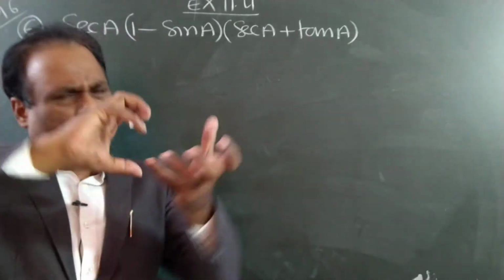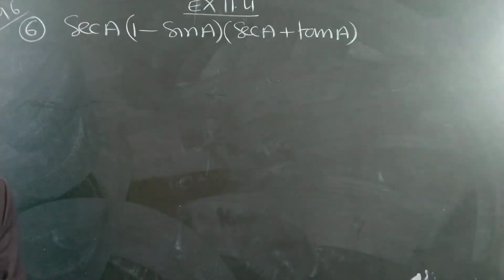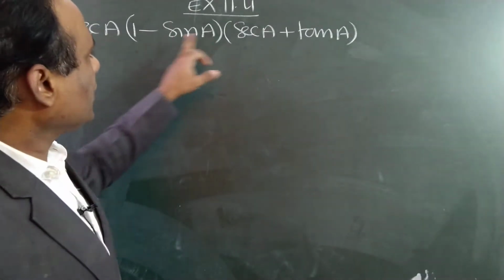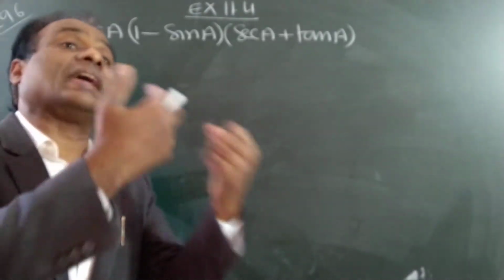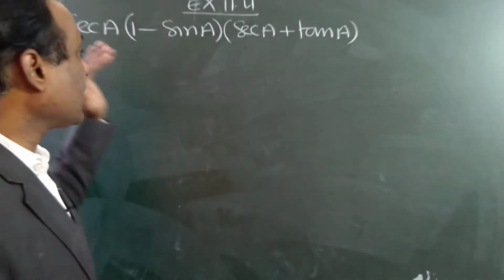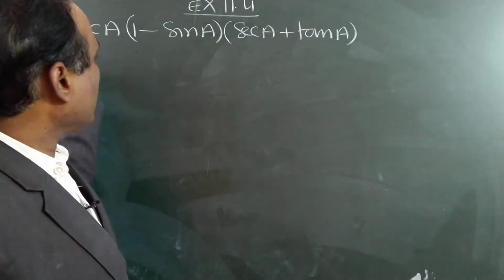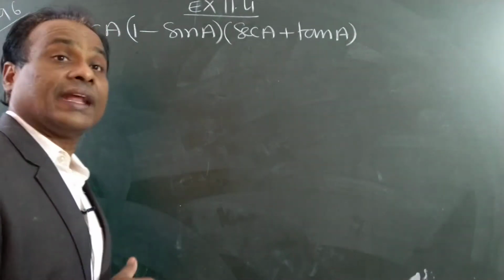We have so many relations which I already explained. If there is no direct relation between them, change the total problem into sin and cos. We can convert all the other ratios into sin and cos.